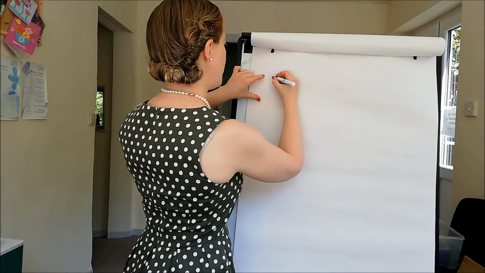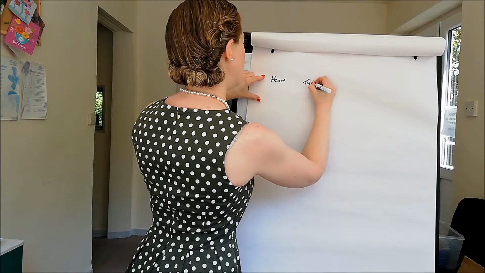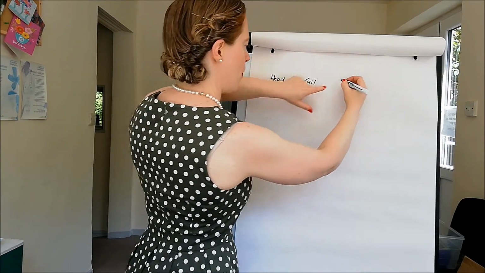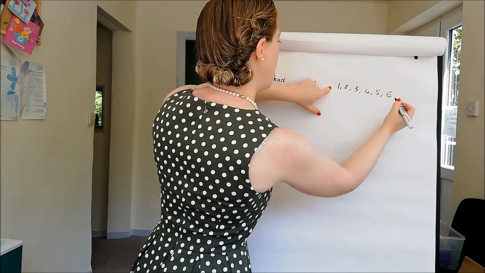So for the coin, we can have either a head or a tail. And for the die, we can have 1, 2, 3, 4, 5 or 6.